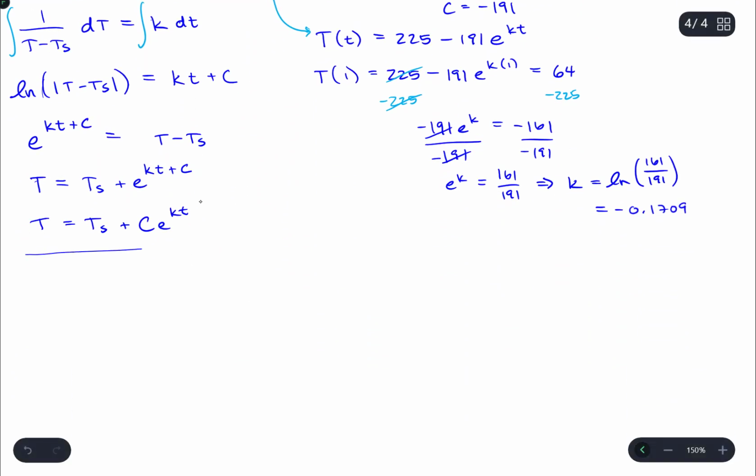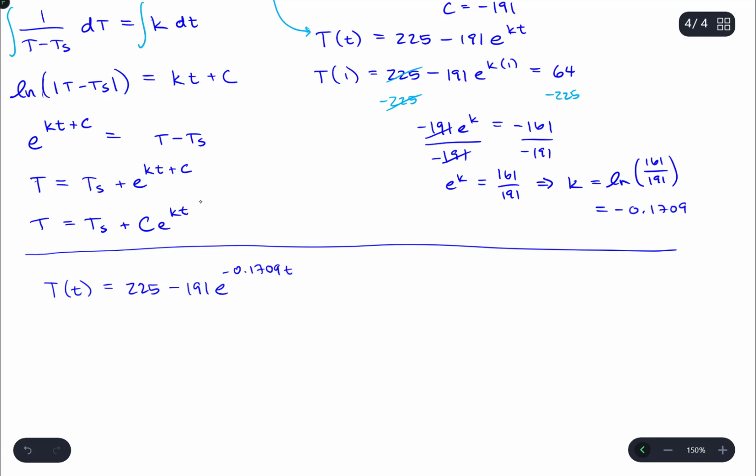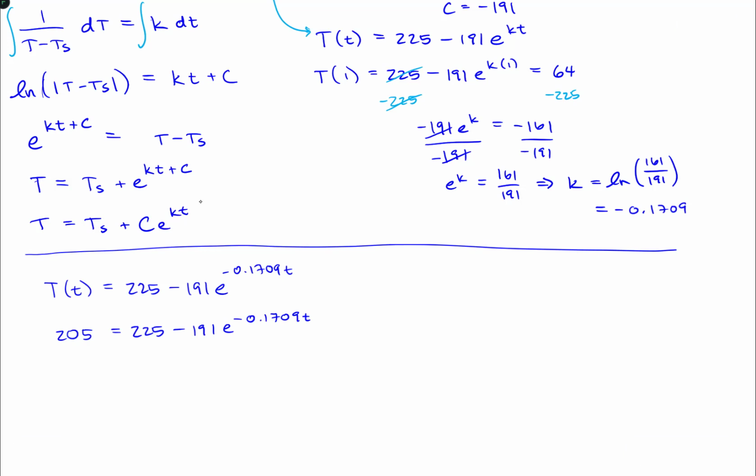So what we will do is take our newfound model, which is 225 minus 191 e to the negative 0.1709 t, and we will set that equal to the value 205. Just like that. Now we just need to solve for t.